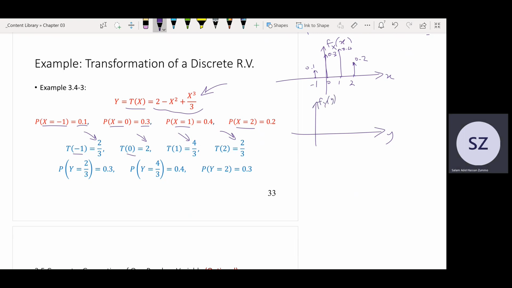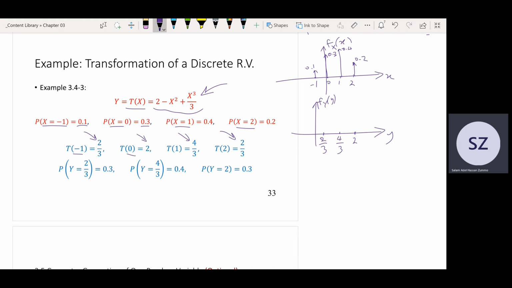So now I know that Y will have a PDF that looks like this. What are the values that Y can take? 2/3, then 4/3 and 2. These are the values that Y can take. 3 values, while X had 4 values. It's non-monotonic.